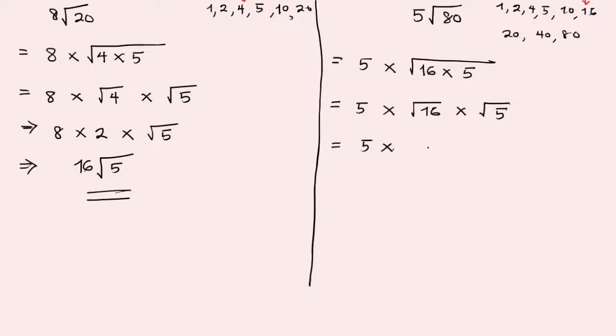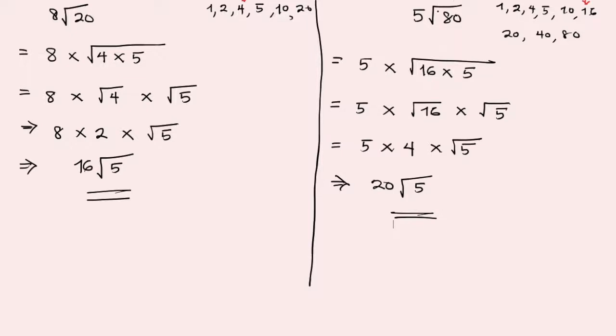We know that the square root of 16 is equal to 4. So 5 times 4 multiplied by the square root of 5. So 5 times 4 is equal to 20 multiplied by the square root of 5. So 20 root 5. That's the simplest surd we can get from this expression.